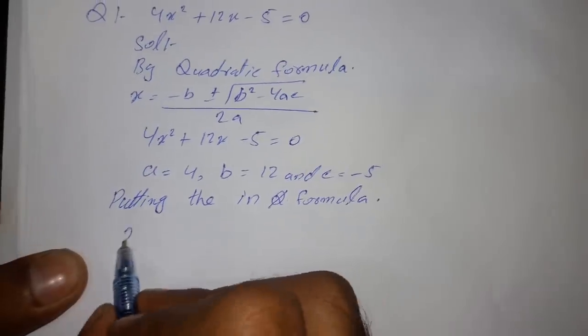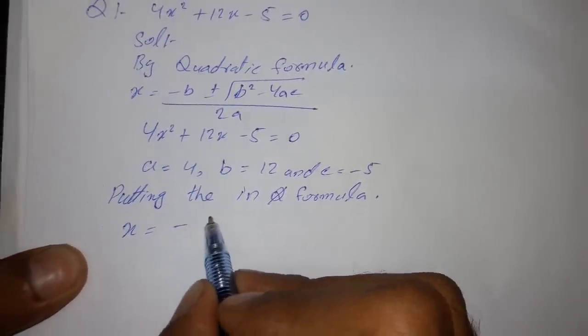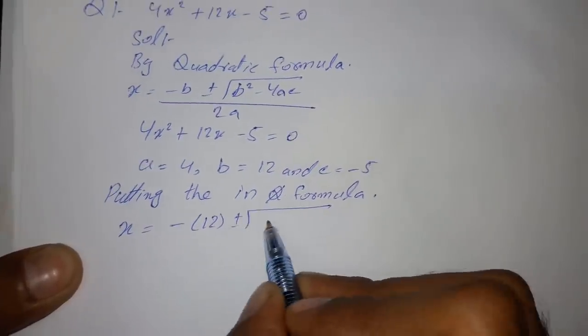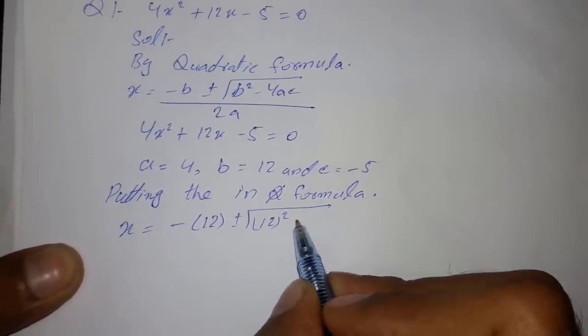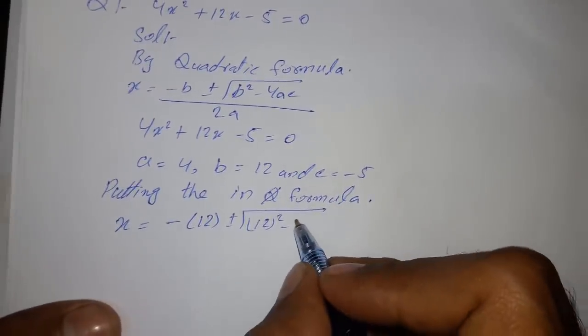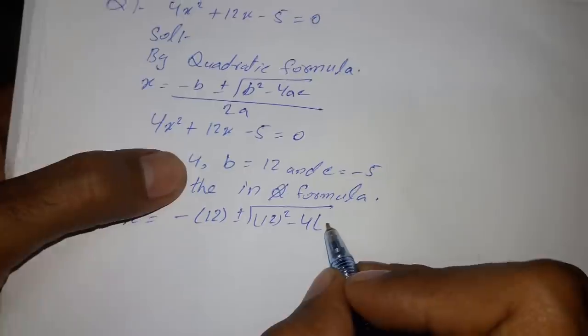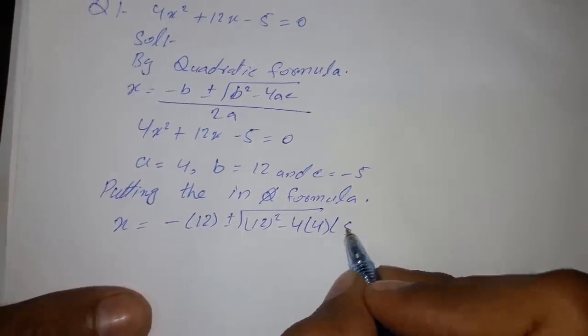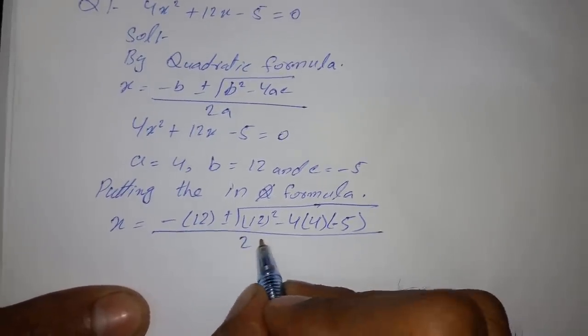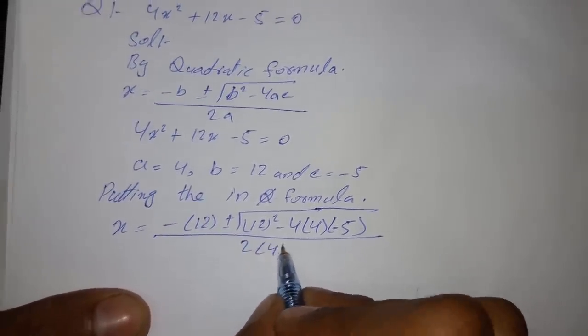So x equals minus 12 plus minus square root of 12 squared minus 4 into 4 into minus 5, divided by 2 into 4.